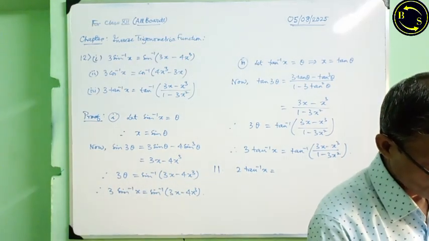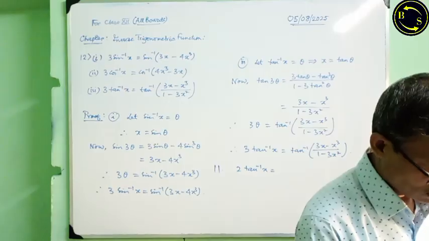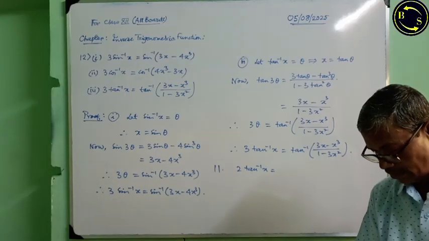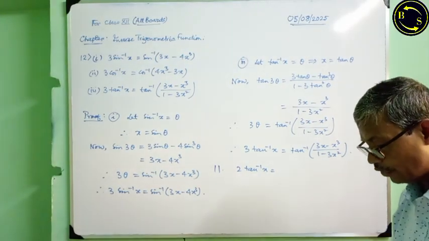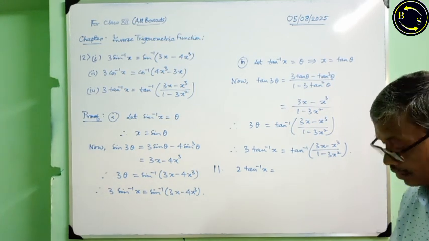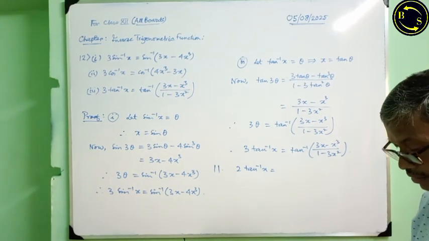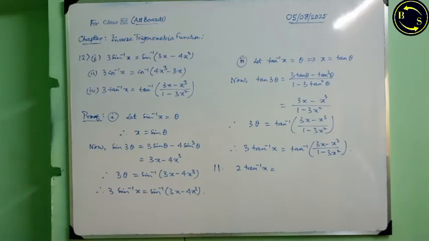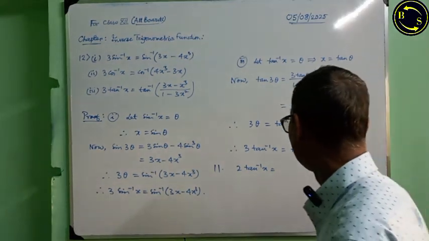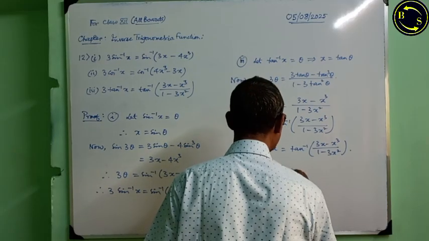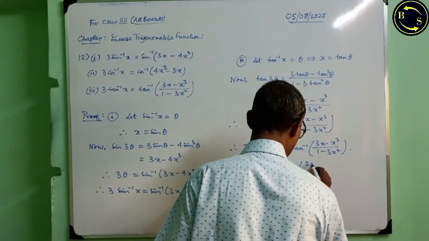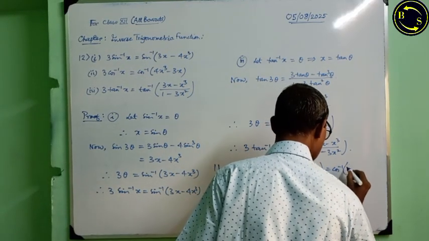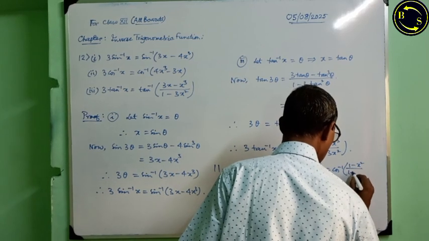First of all, actually sin inverse, cos inverse, tan inverse, there are 3 forms. In the last class, I think I deduced the tan inverse form. Now, sin inverse of 2x by 1 plus x square, cos inverse of 1 minus x square by 1 plus x square.